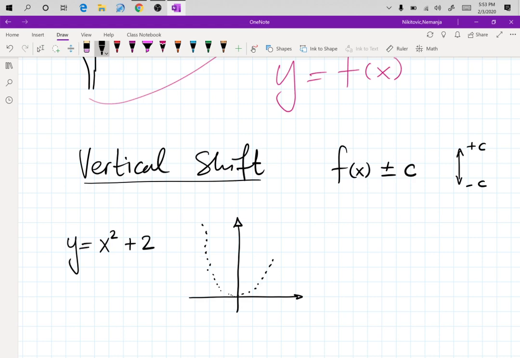So this is the parabola, which is the x squared. Now I need to take the same line and bring it 2 units up and draw the same shape. And we're done. So it's going through 2.